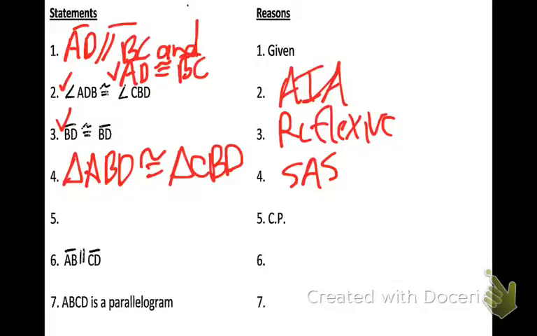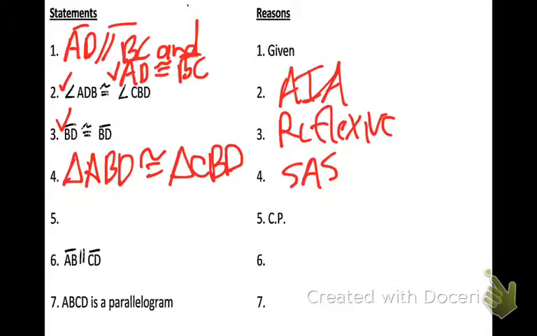If we're wanting to show AB is parallel to CD, then Jacob, how would we do it? Angle BAD is congruent to angle BCD. We don't know that. Wait, oh, yeah, you could say that by CP, but that's not going to show with step 6. That's not going to show that AB is parallel to CD.